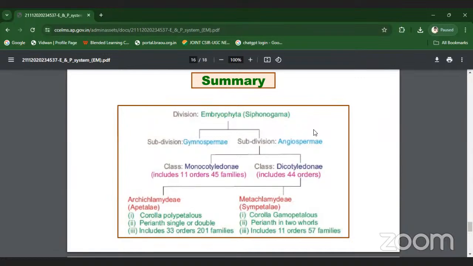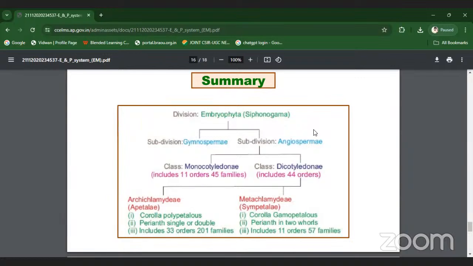Bentham and Hooker are scientists, and Engler and Prantl are scientists. Bentham and Hooker published their notes in a book, Genera Plantarum, a 3 volume book, published in 1862, 1883, 1887, 1899. Engler and Prantl's book is Die Natürlichen Pflanzenfamilien, a 23 volume book.